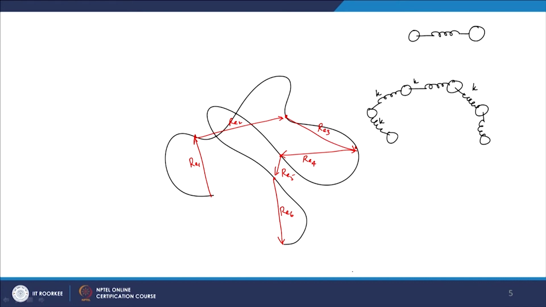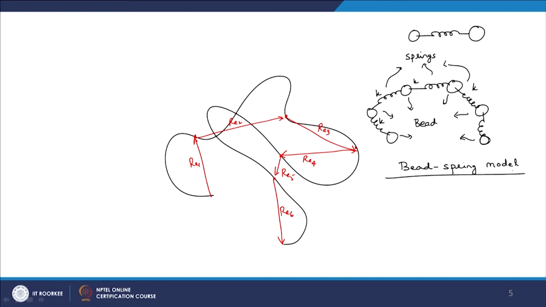Okay. And I can refer to these now as some sort of bead, and I can refer to these now as some sort of springs, and the model we thus form is known as the Bead-Spring Model, which becomes especially useful if I am trying to simulate the behavior of a polymer chain.